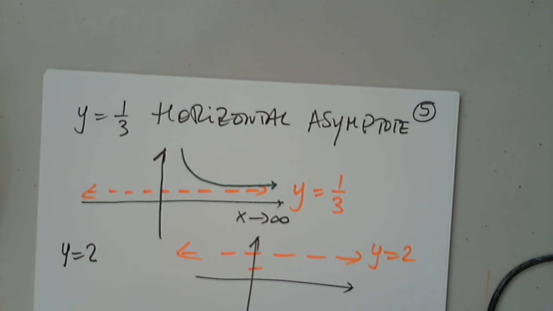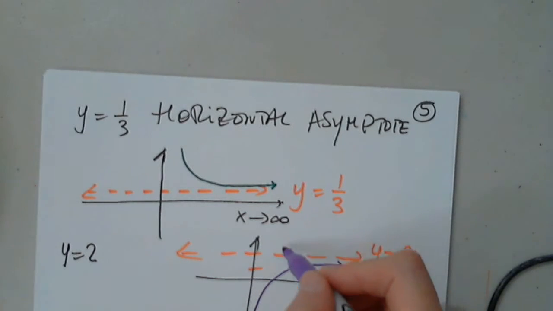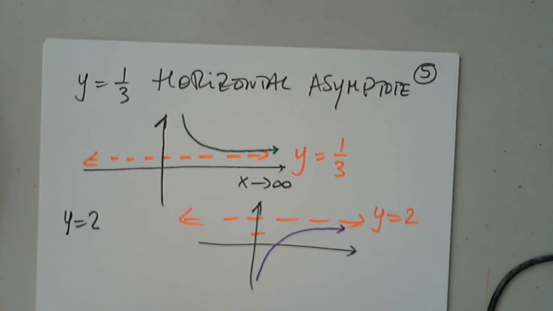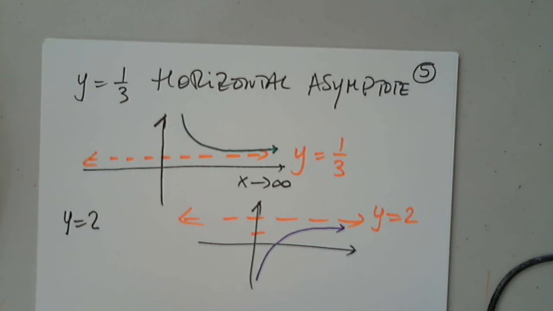And then I'll have either from below, not both, or from above. Is this okay? Yeah. Perfect. Anything else?